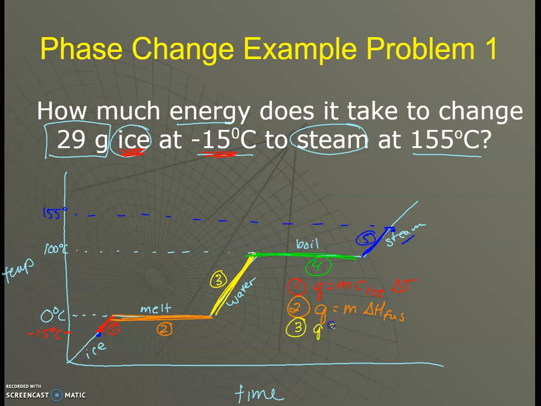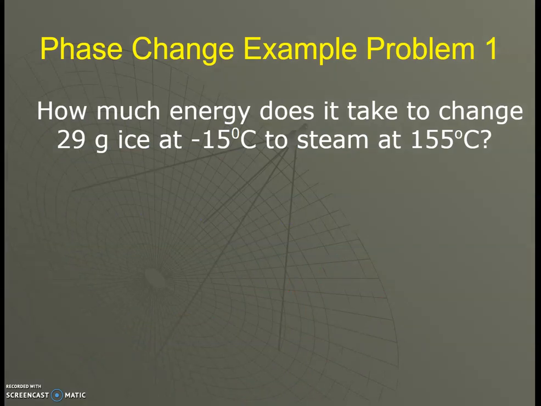The third part, I'm going to use Q equals mc of water delta T, and then I'm going to boil it with m delta H of vaporization. And our last part is going to be mc of steam delta T. Once I get all of those 5 individual parts, I can add them up and get my total amount of energy.